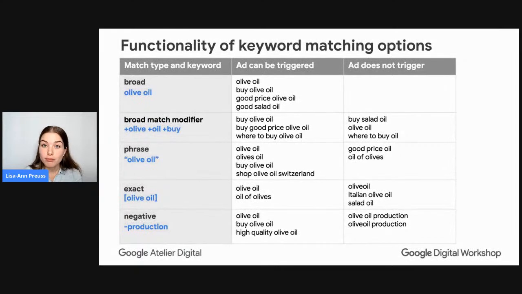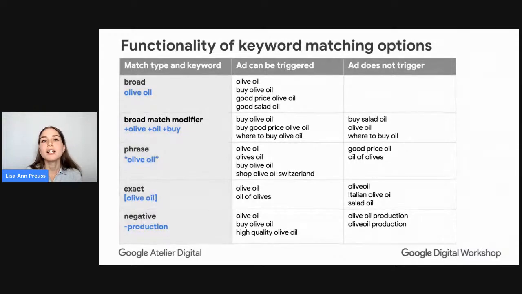Broad match is the one I'm sure most of you are acquainted with. This is just typing in the keyword as it is. And what happens though is that it will trigger the ad that you have set up very, very often, possibly even for irrelevant search queries.